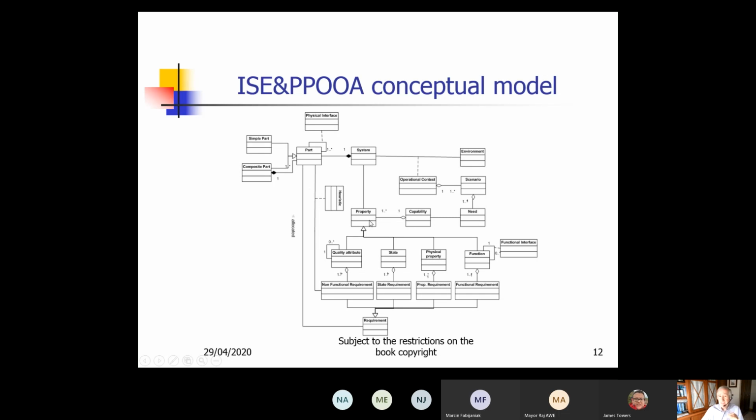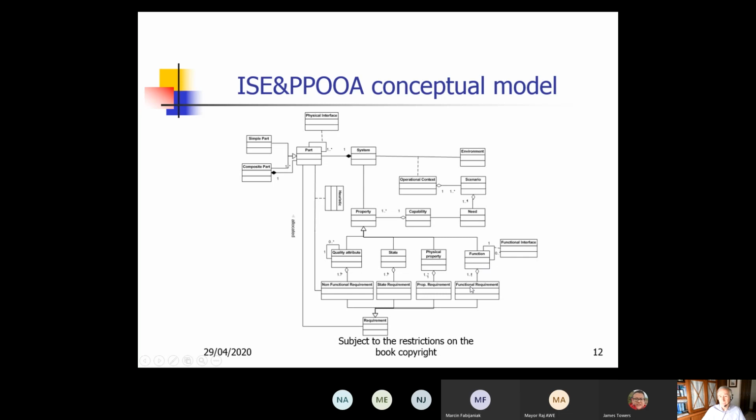These properties may be quality attributes, for example, maintainability, reliability, etc., states of the system, physical properties, or functionalities. So capabilities are very complex because they are a set of properties that may be quality attributes, states of the system, physical properties, or functionalities of the system.